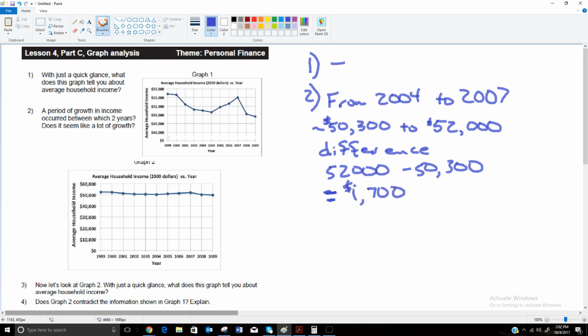So for a yearly income, increasing your yearly income by $1,700, that's more than $100 a month because $100 a month would be $1,200. So is that a lot of growth? In terms of income, I don't know that I would consider it a lot of growth. Would I consider it insignificant? No, but probably wouldn't call it a lot of growth.